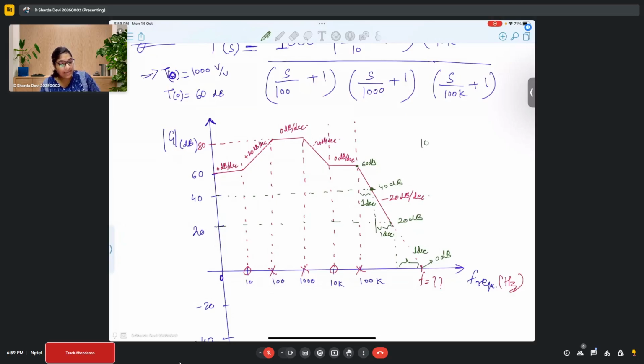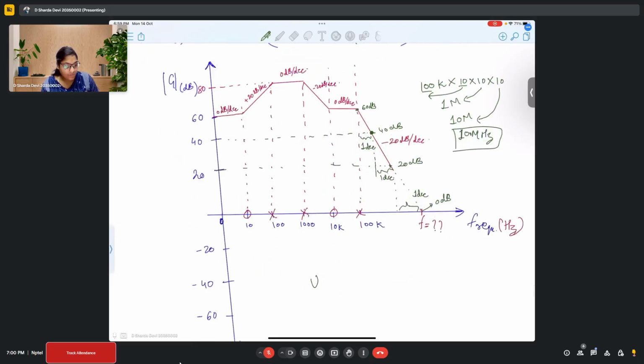You are already at 100K. 100K into 10 for 1 decade, into 10 for another decade, into 10 for a third decade, right? So here it becomes 1 mega, by introduction of this it will become 10 mega, by introduction of this it will become 100 megahertz.